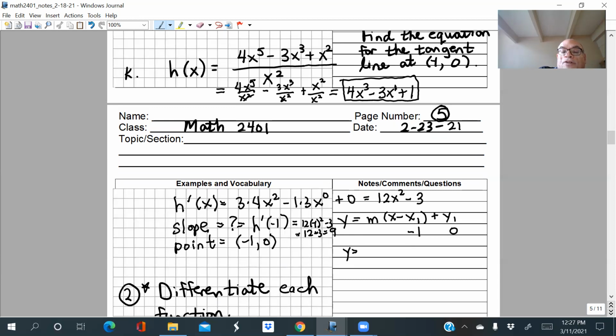We're just going to fill these numbers into our point slope form. So the equation for the tangent line is y equals 9 times x minus -1, which is really x plus 1, plus 0. So we get y equals 9 times x plus 1. See, so simple. There's the equation for the tangent line.